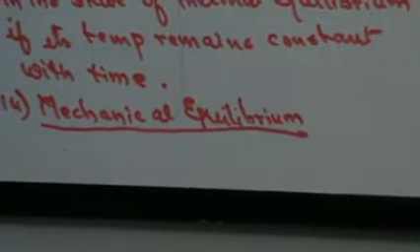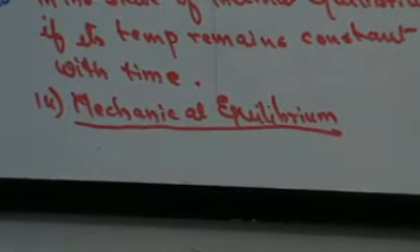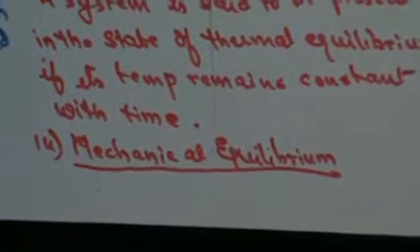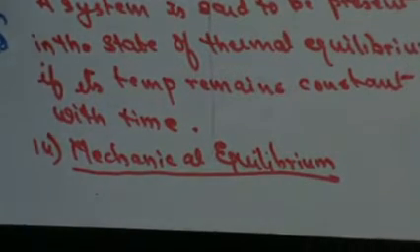Now, a system is said to be in mechanical equilibrium if the pressure remains unchanged with time. If the pressure of the system does not change with time, then the system is said to have mechanical equilibrium.